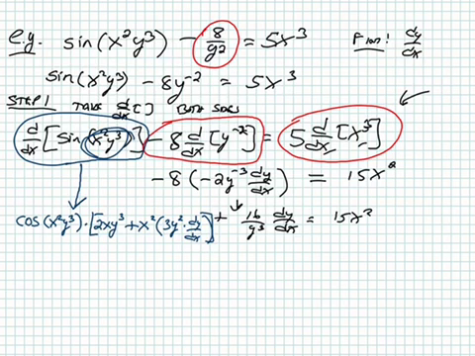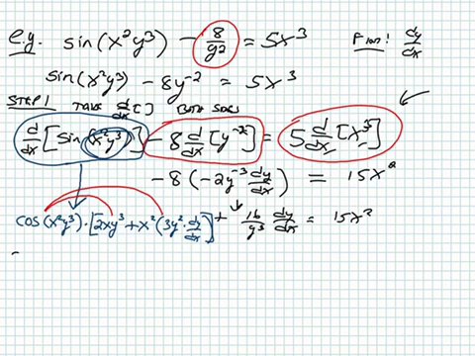Okay, so now this is, once again, messy. So I need to isolate my dy dx. So I'm going to multiply out here, and so I need to multiply out in order to isolate dy dx. So I'm going to multiply that out and write out the whole thing.